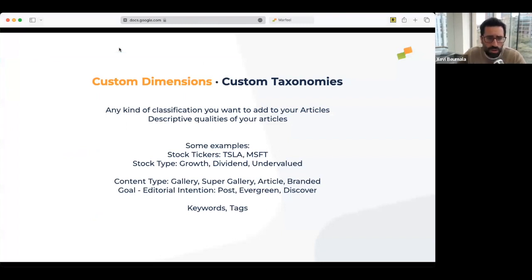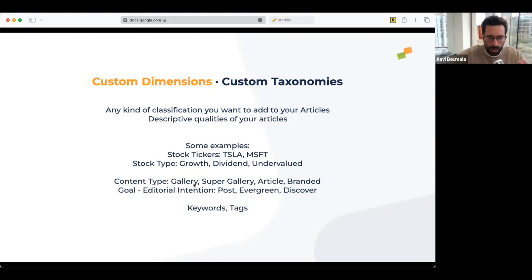Now, let me give you a few more examples. We've been looking at how a financial site can use those dimensions. A sports site, instead of providing taxonomies around stock tickers, could provide football teams, or soccer teams. Or from an editorial perspective, they could say: does this article contain a gallery?